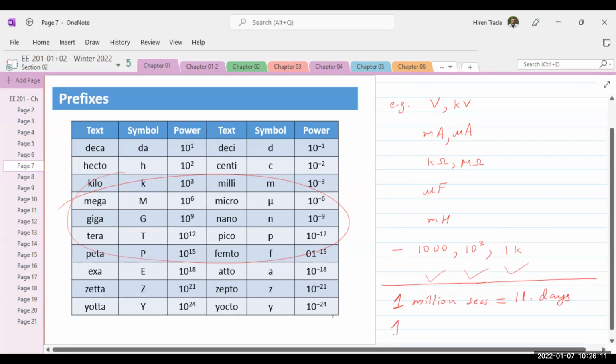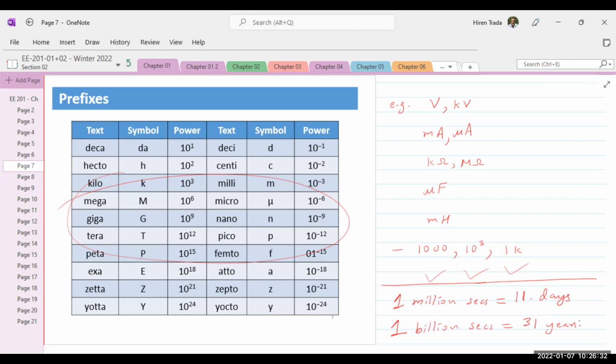All right, so let's go to 1 billion seconds. That is 31 years. That's the difference between a millionaire and a billionaire.